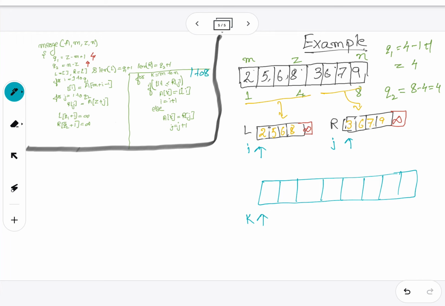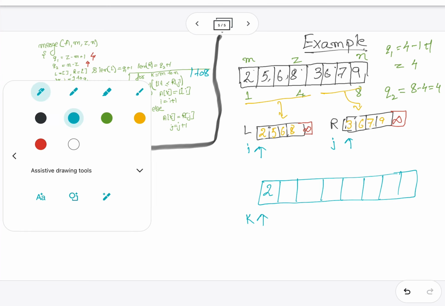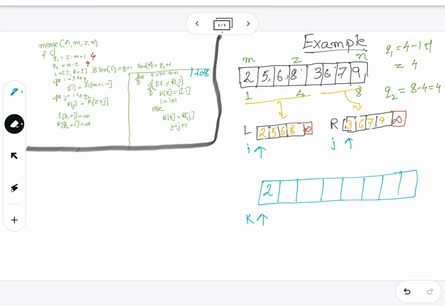So similarly, it will compare 2 with 3. 2 will come down to here. 2 is less than 3, so 2 is placed down, i will move, and k will move, k equal to k plus 1.